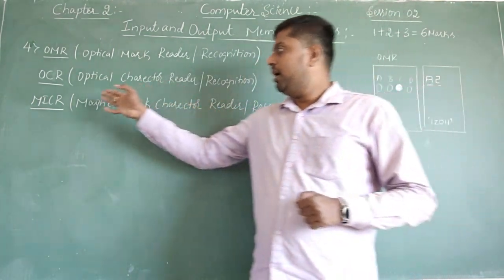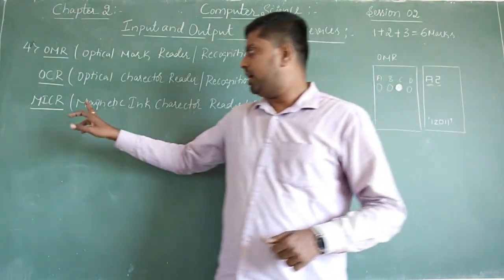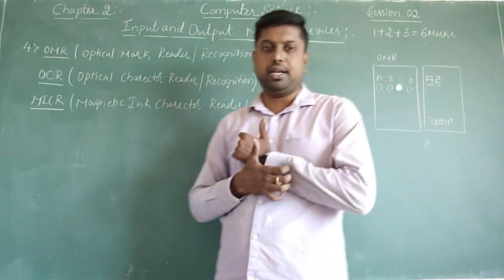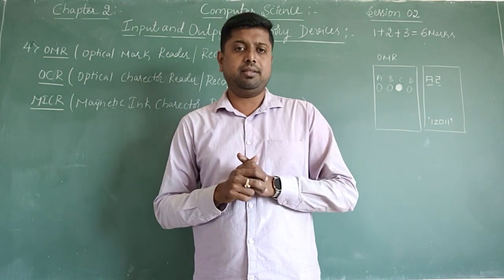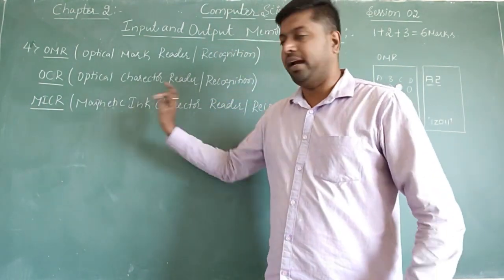And if I come to the third optical device, that is magnetic ink character reader or recognition, we will call it MICR. Where will we identify this MICR? See, especially this is an ink, magnetic ink.